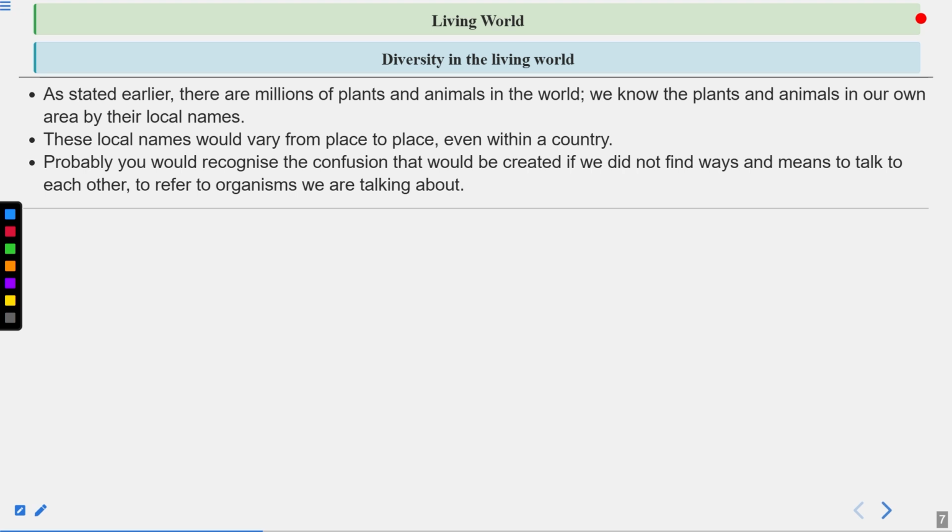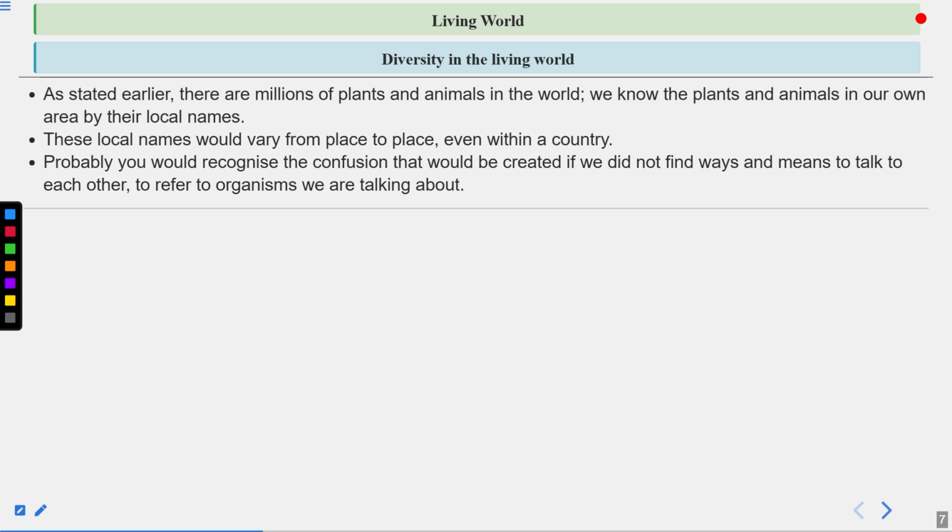Now you would probably recognize the confusion that would be created if we did not find ways and means to talk to each other and refer to the organisms we are talking about. How will you know that a person is referring to a particular thing, when they are calling the same thing by different names?